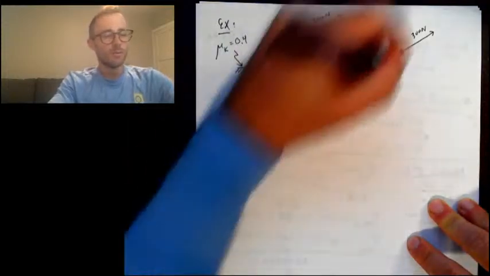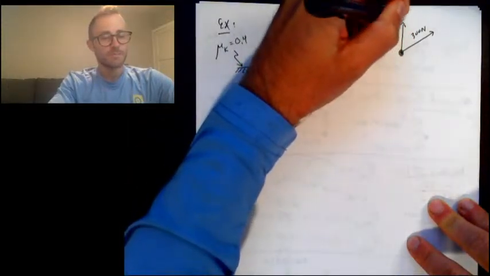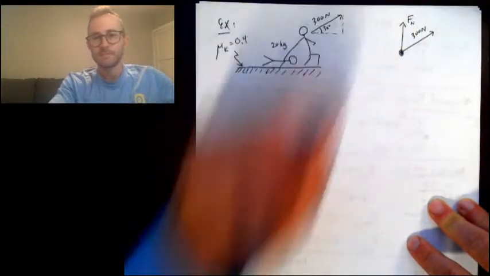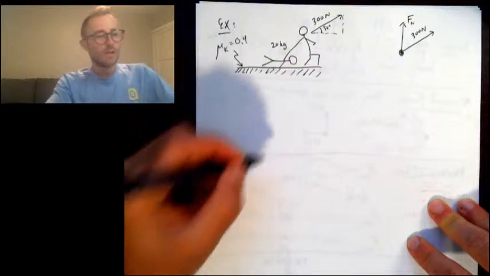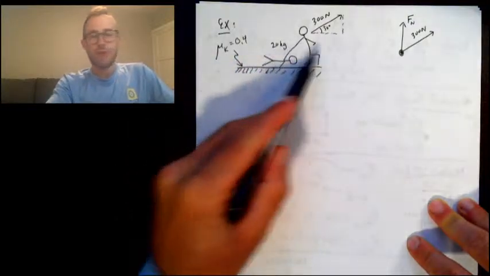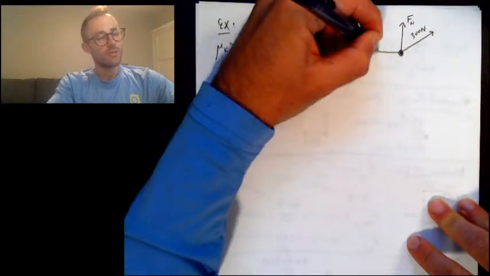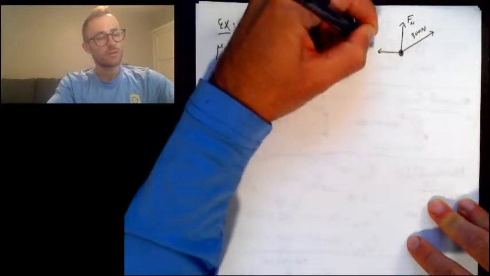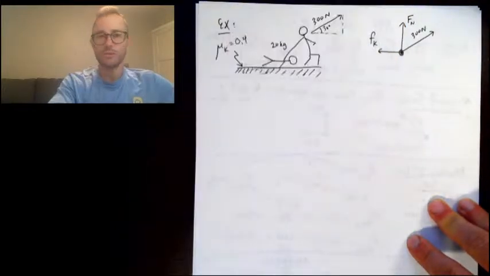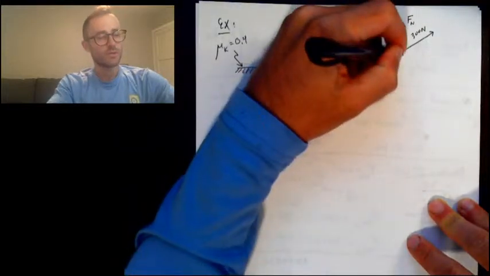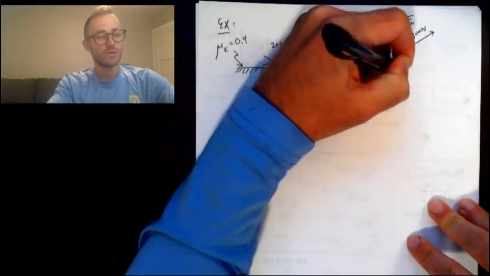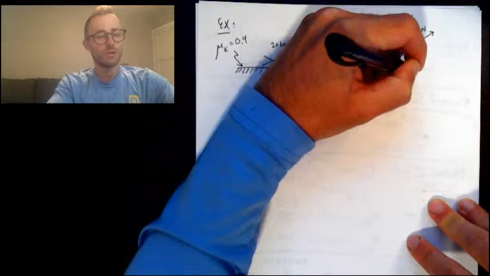There is the normal force from the floor. Because the child is being dragged to the right, friction is going to point to the left. So we have kinetic friction pointing to the left. And then we have the weight force going downward, which is mg equals 200 newtons.